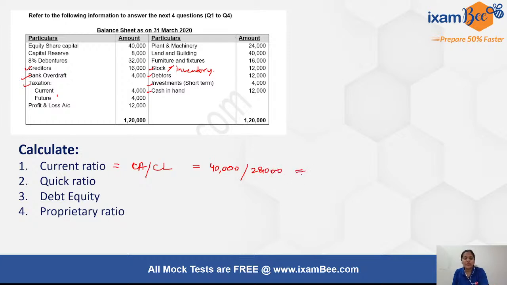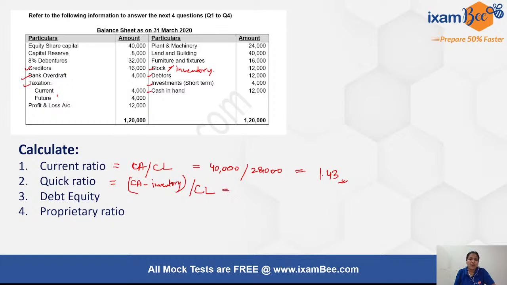So this will give you around 1.43. This was your answer for the first question. Your second question was your quick ratio. Now, quick ratio is basically all your current assets except your inventory or stock, whichever you may refer to, divided by your current liability.